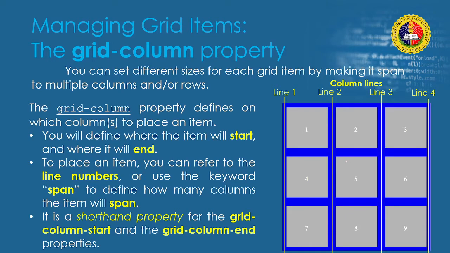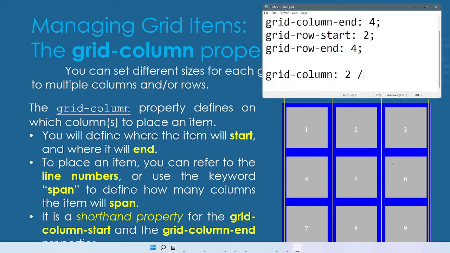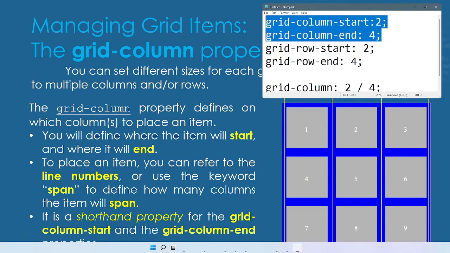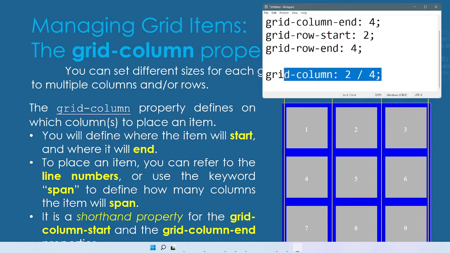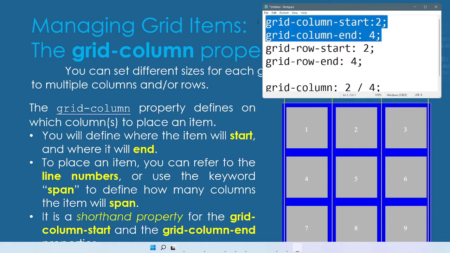So for example, if ganahan kong mag-span dire, so therefore we will be moving it to line 4. Di ba? So instead of writing it this way, which is totally fine, maglisod ta og memorize most of that time. So instead, we are going to write it this way. So grid column, that is 2/4. Meaning, it will start in line 2 and then it will end in line 4. Asay masayon? Kani or kani?